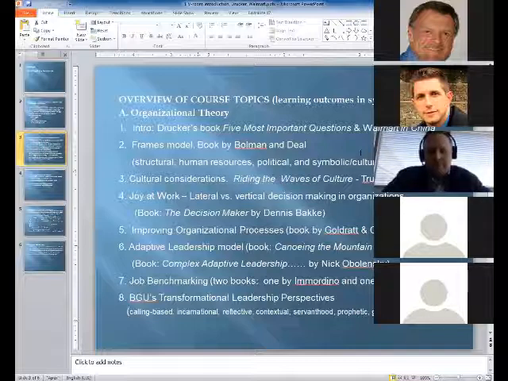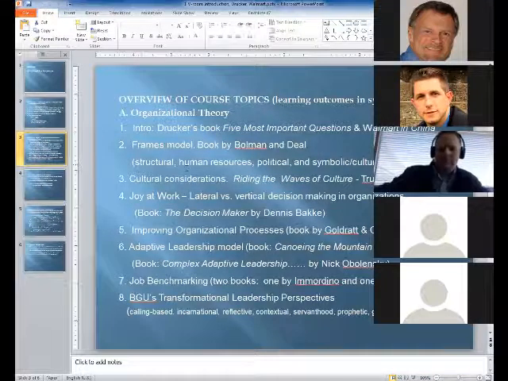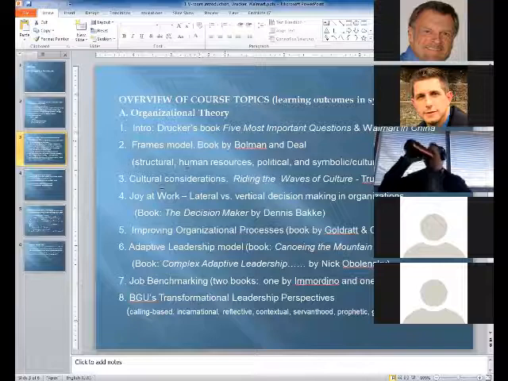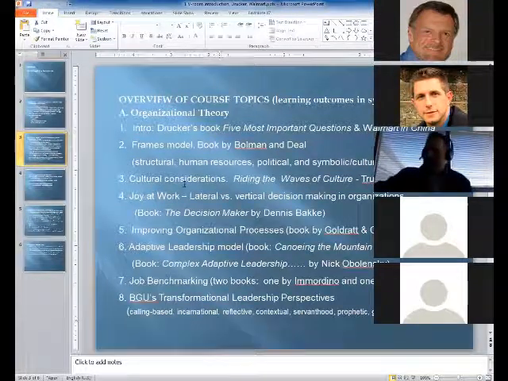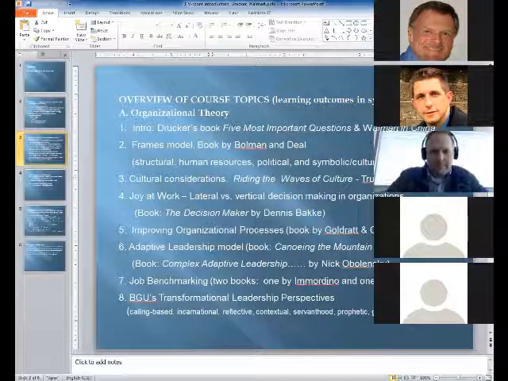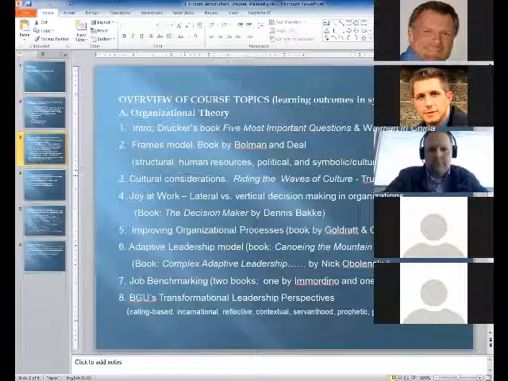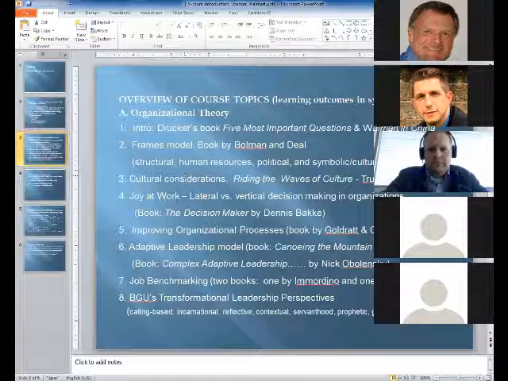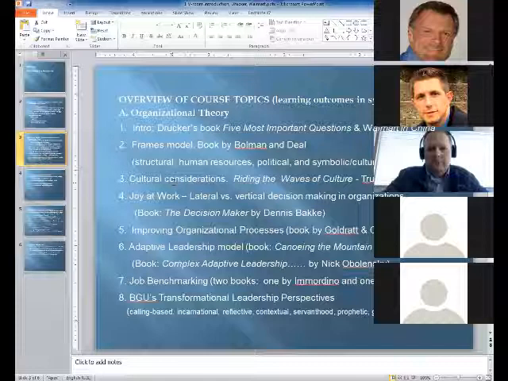Companies will sometimes, when we put out a mission statement, include some of that cultural symbolism. A book called Riding the Waves of Culture by Trompenaars, again, kind of goes over some of the cultural considerations. Depending on our culture, we're going to approach issues like problem solving, leadership, even organizational structure a little differently because of the culture in which we live.